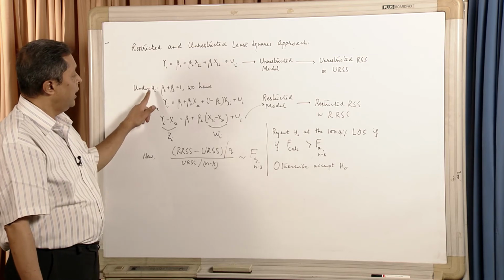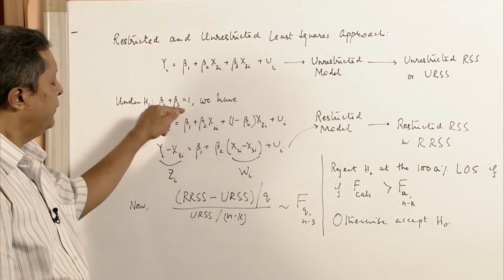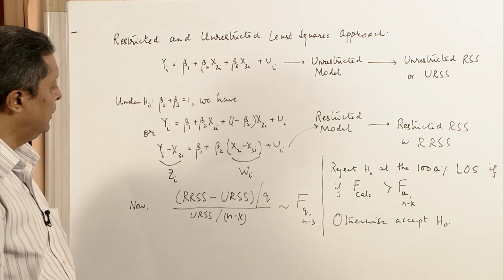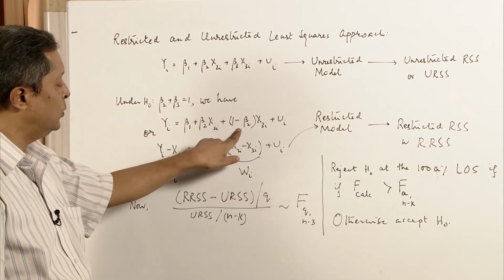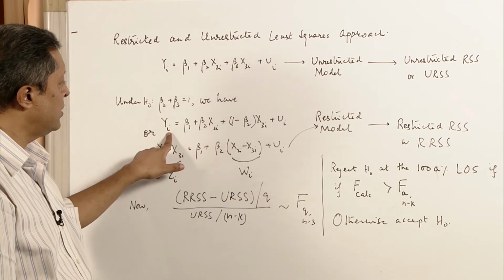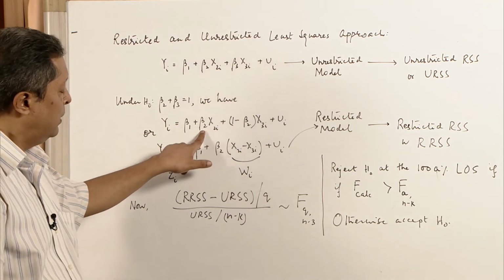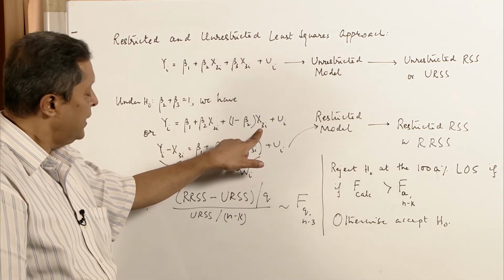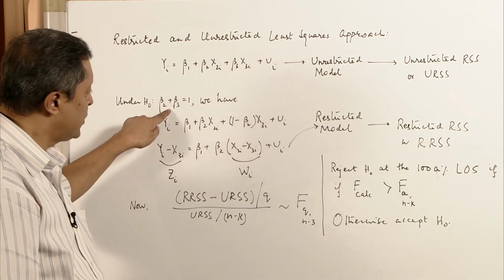But under the null hypothesis, beta 2 plus beta 3 is equal to 1. So, if we put this restriction into the model, then instead of beta 3 we write 1 minus beta 2. So, y is regressed on x2 with the coefficient beta 2, but the coefficient of x3 is 1 minus beta 2 going by the linear restriction.